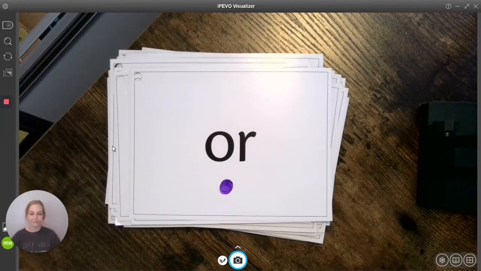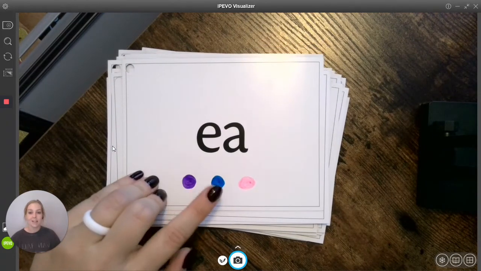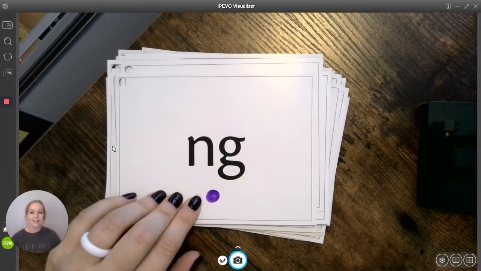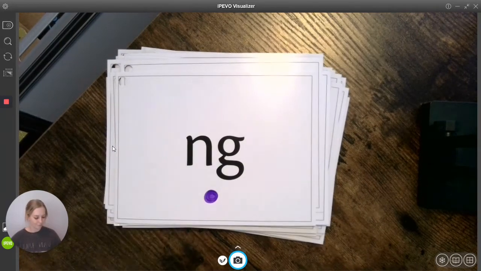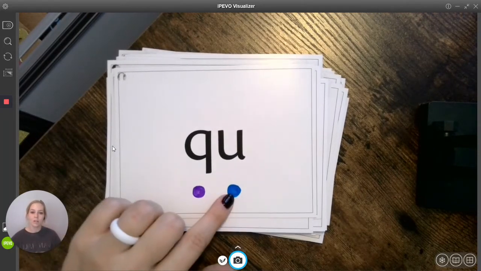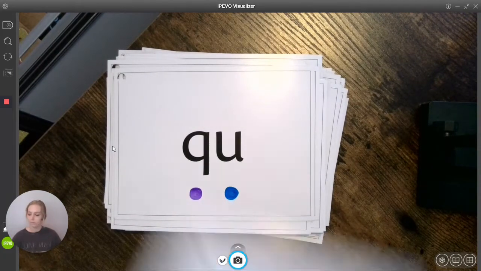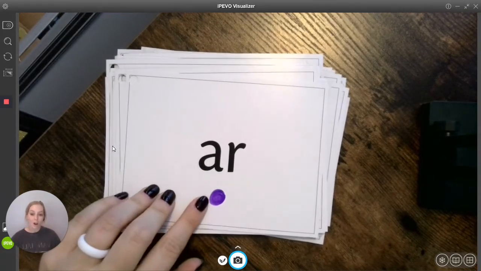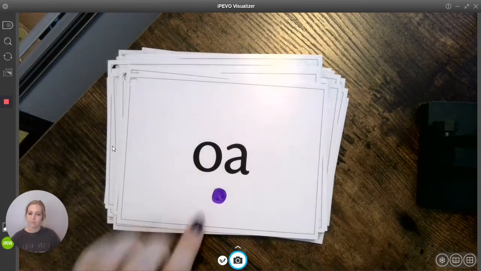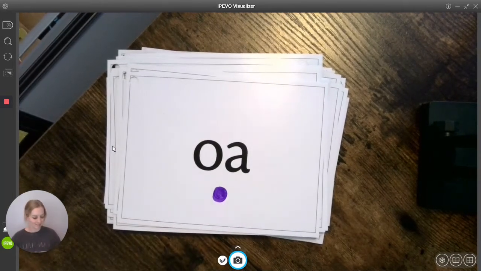Or E, a. Ng. Qua, k. R. O may not be used at the end of English words.